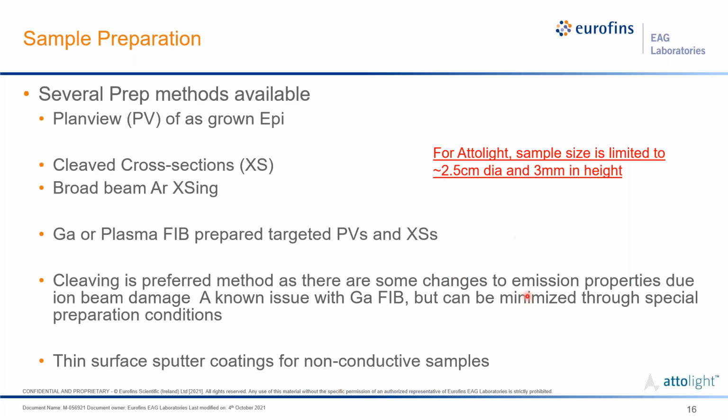And so for the Adelaide tool itself, sample size is somewhat limited. So we're limited to about a 2.5 centimeter diameter sample and sample heights of less than 3 millimeters. And so there's a lot of different things we can do to get the samples to be compliant, from mechanical prep, etc., or cleaving or whatnot. So, but just a reminder, if we end up doing any work, those are the kind of limitations.